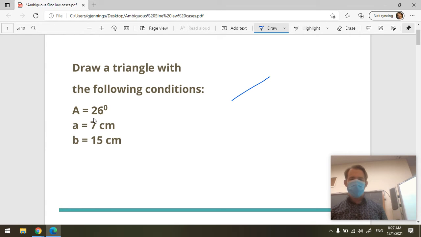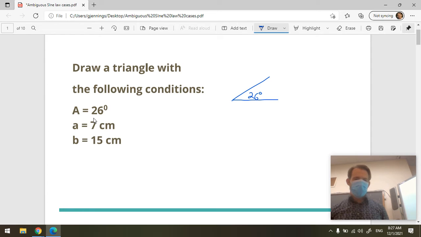Here is some angle, 26 degrees. And I know this opposing side here is 7, and one of these sides is B.